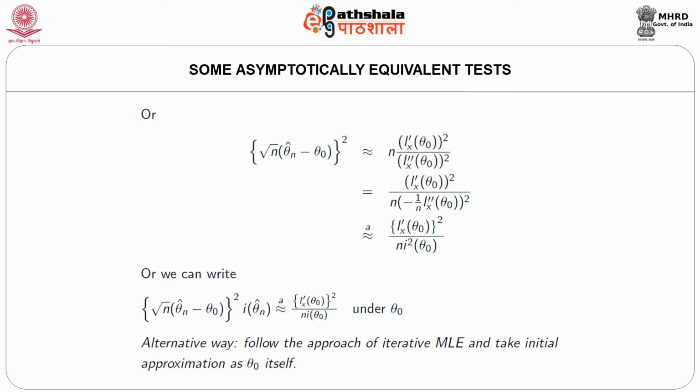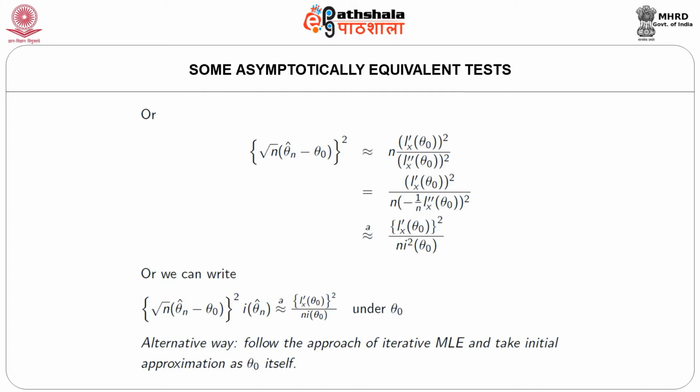Or we can write root n times theta n hat minus theta naught whole square times I function at theta n hat is asymptotically equivalent to lx prime theta naught whole square by n times I theta naught under theta naught.